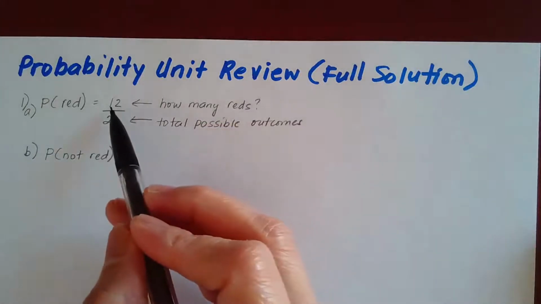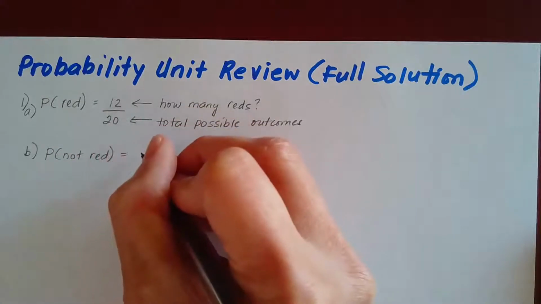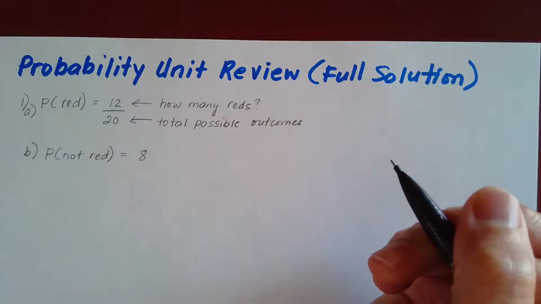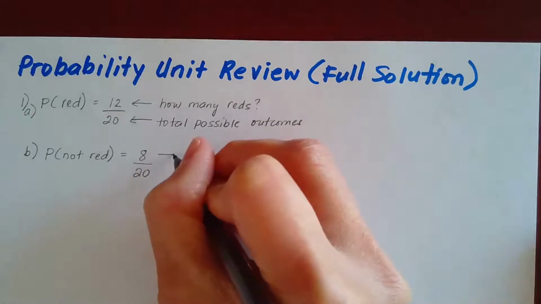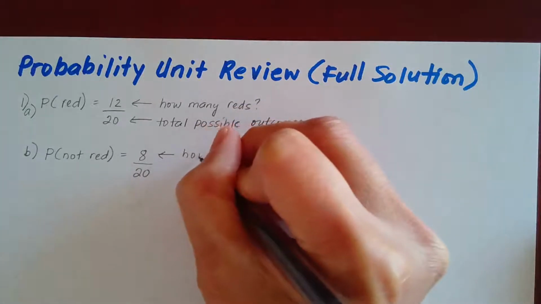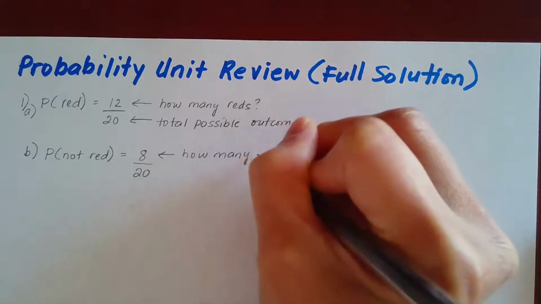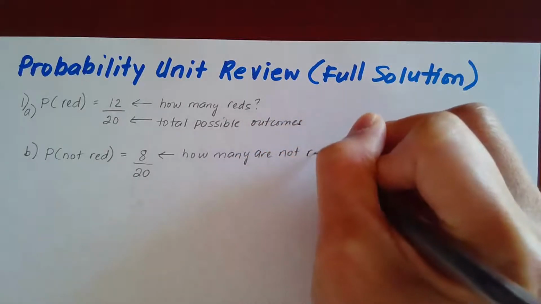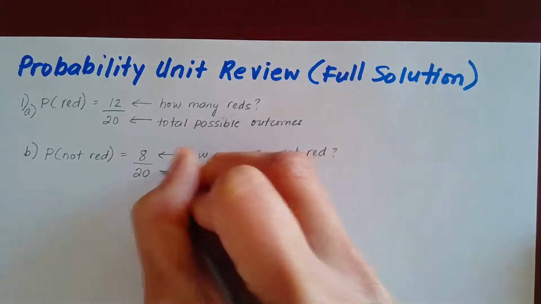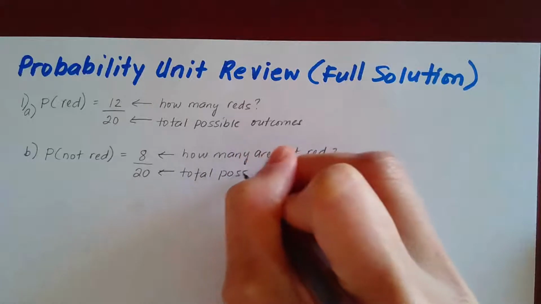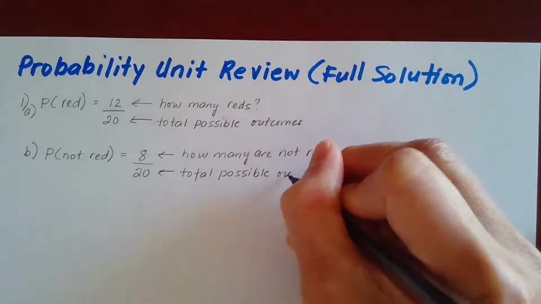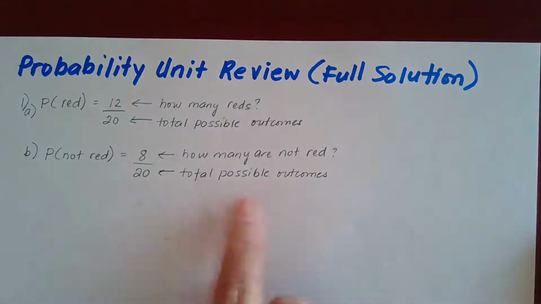If 12 are red, then 8 are not red. So 8 out of 20. The 8 tells us how many are not red, and the 20 tells us how many are total possible outcomes, that includes the reds and the jelly beans that are not red.